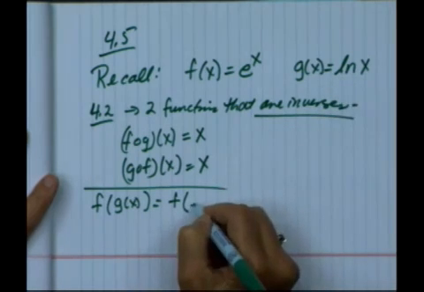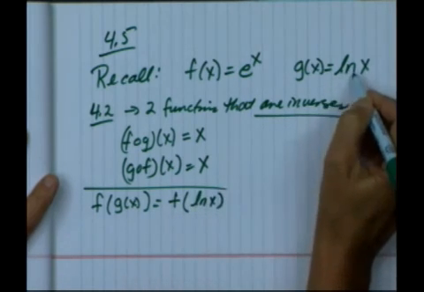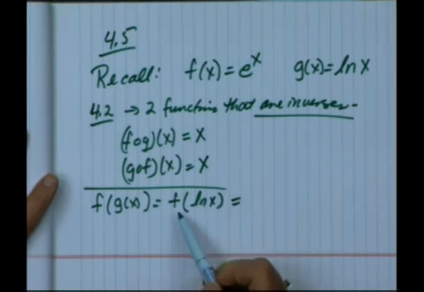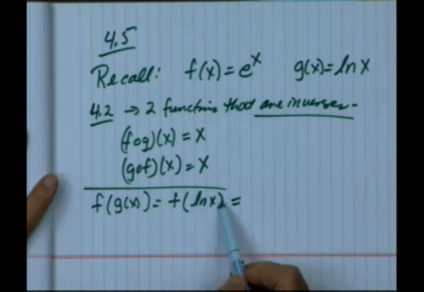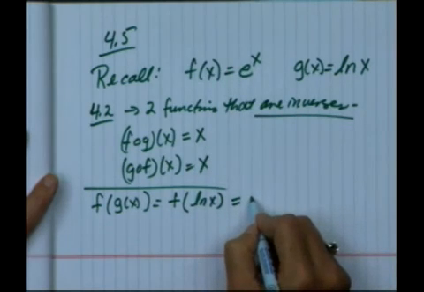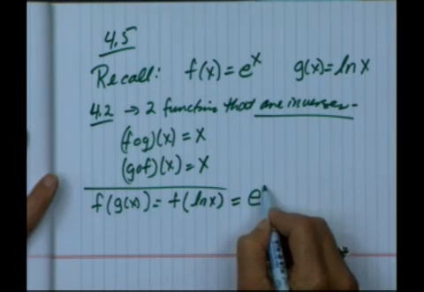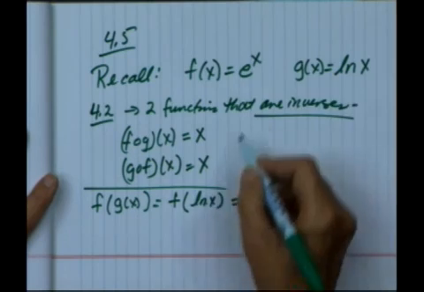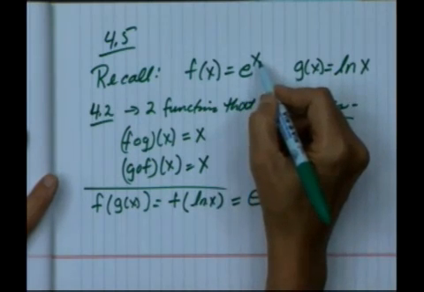All right, so let's first do the composition of f evaluated at g of x, which is f evaluated at the natural log of x. Everybody with me? I'm just substituting there. So what is f evaluated at the natural log of x? E raised to the natural log of x, right? Natural log of x goes in for x there.